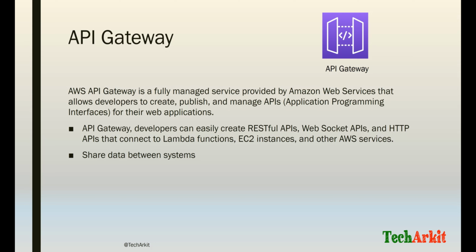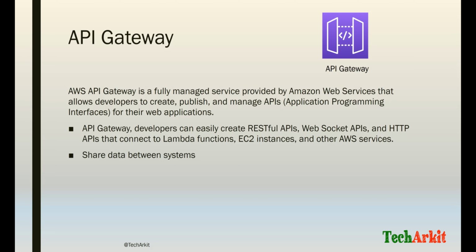This API Gateway is fully managed, which means that the service installation, configuration and management are done by AWS itself. You don't need to worry about what resources they are maintaining. You just go and use it, so you can focus on your development environment, not on the API Gateway services. You don't need to bother about that.